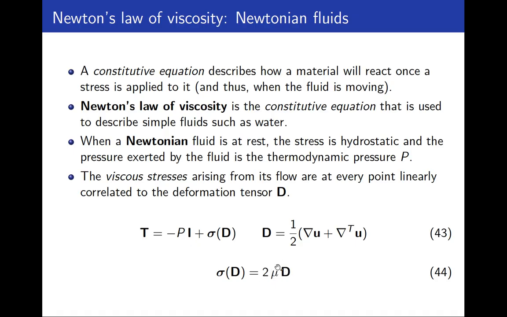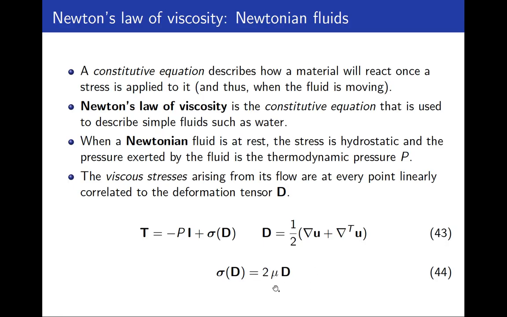So this contribution is known as the viscous forces. Viscosity can be seen as the fluid's resistance to flow, and the higher the resistance to flow, the higher the value of the viscosity. And you remember, this is a stress, so it is equal to a force per unit of area.